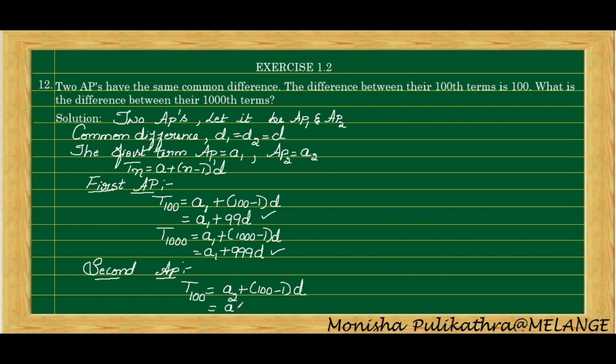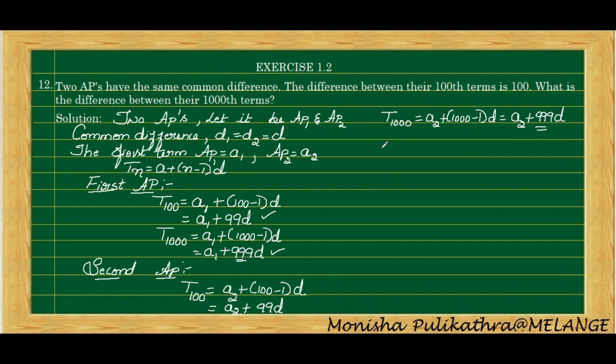So here A2 plus 99D. Next, for the 1000th term of the second AP, it will become A2 plus 1000 minus 1 into D, which will be equal to A2 plus 999D. Okay, hope you understood how to form the equation, right?